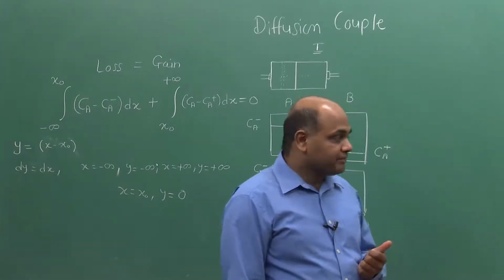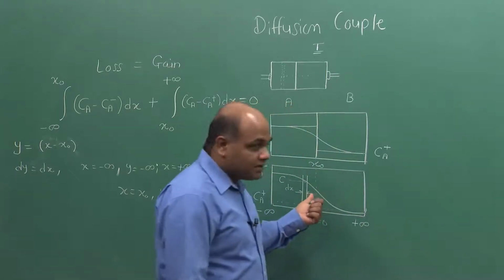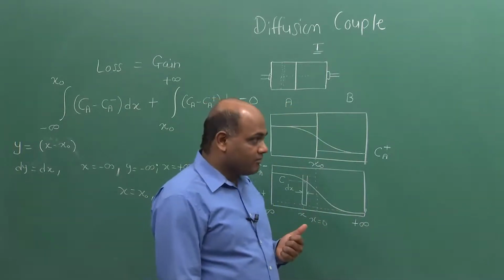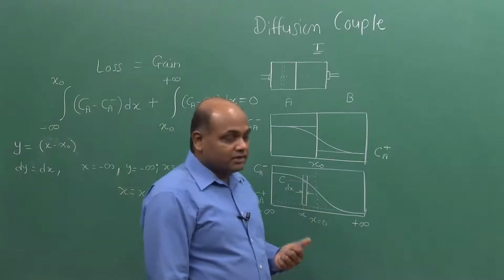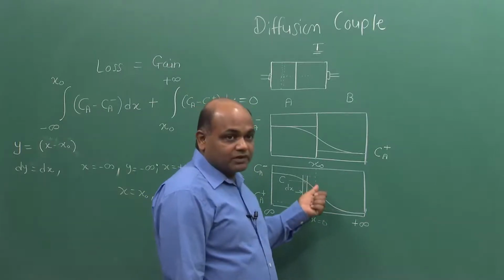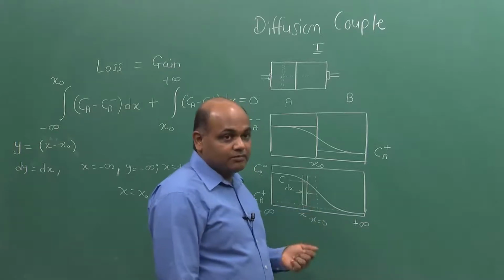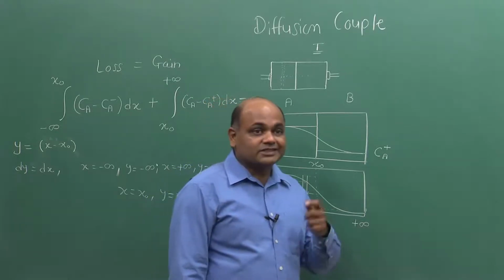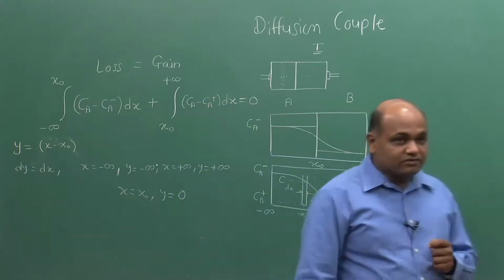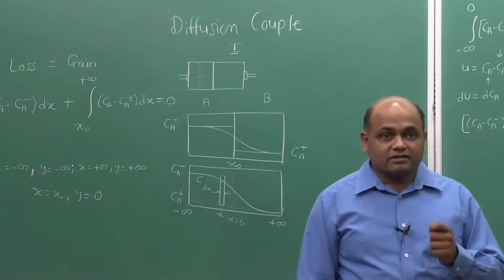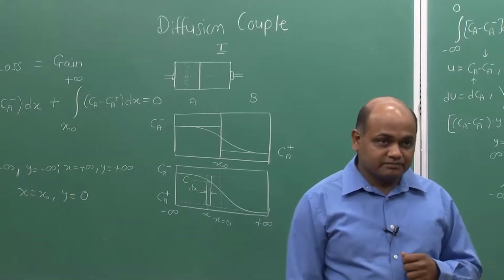And so, this plane has to be the same for all the components. So, no matter which component we use for finding the location of the Matano plane, we should get the same location, and this is possible only if all the components have constant partial molar volumes.